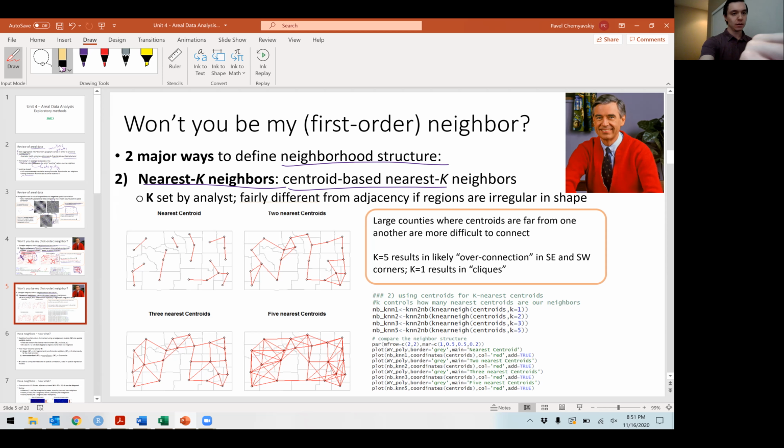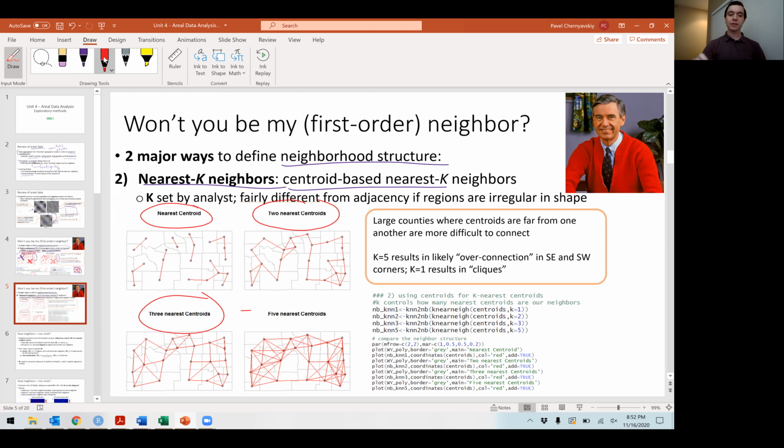So nearest 1 centroid, nearest 2 centroids, nearest 3, all the way to however many you want. You are basically forcing, with nearest 2 centroids, for every county to have at least 2 neighbors.